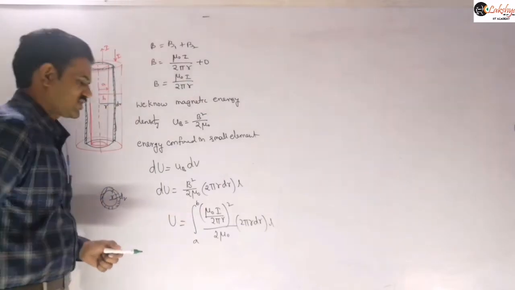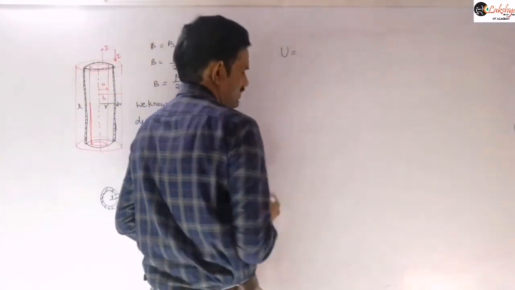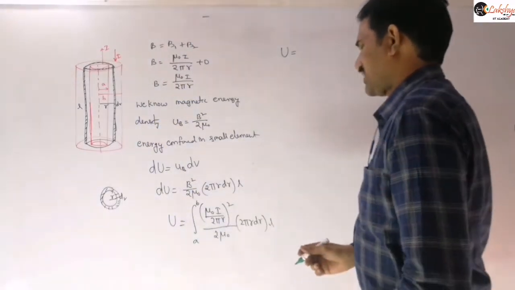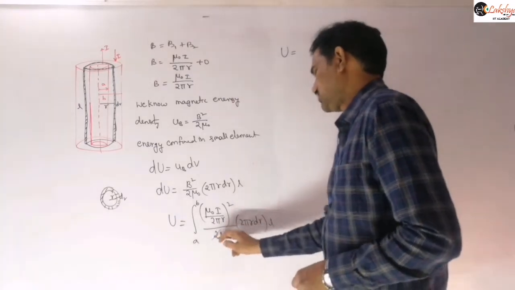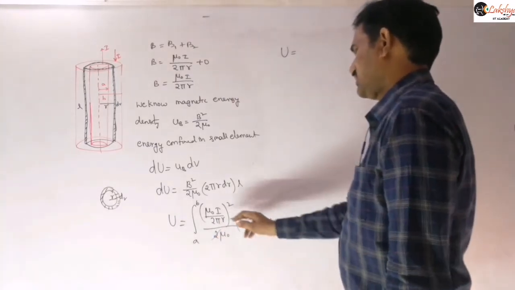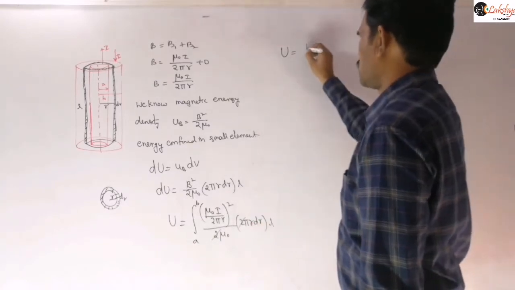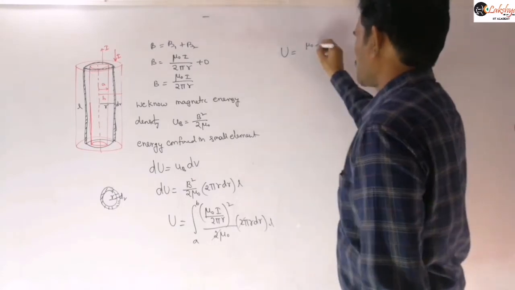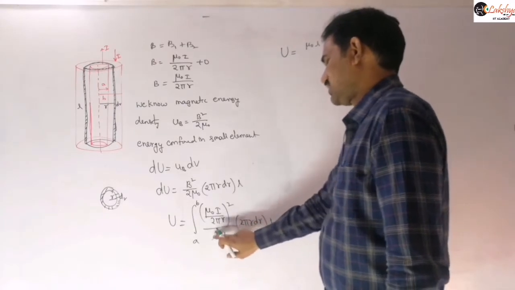In between the two shells we are calculating there, and therefore you may write the constants outside there. So one constant like here 2 and 2 you can cancel, and then here 2 pi r will be cancelled. Then mu naught will be one constant outside, and L is there outside.